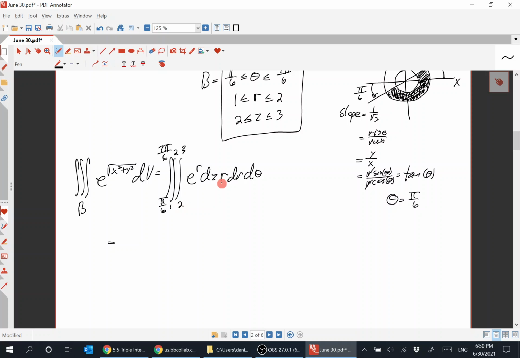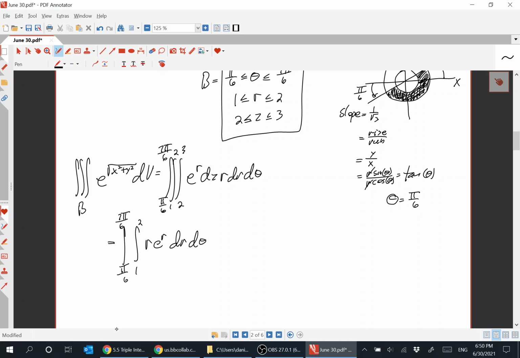So the antiderivative with regard to z is just r e to the r times z, times that interval of length 1, so it's just 1. Not much to calculate there. So r e to the r dr d theta. Well, antiderivative of r e to the r.